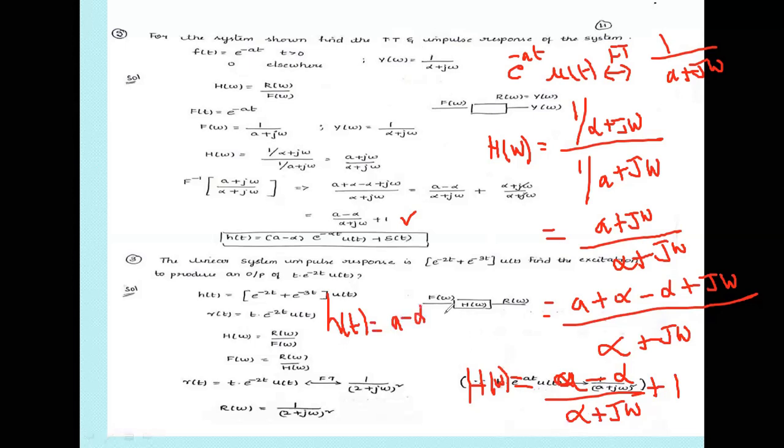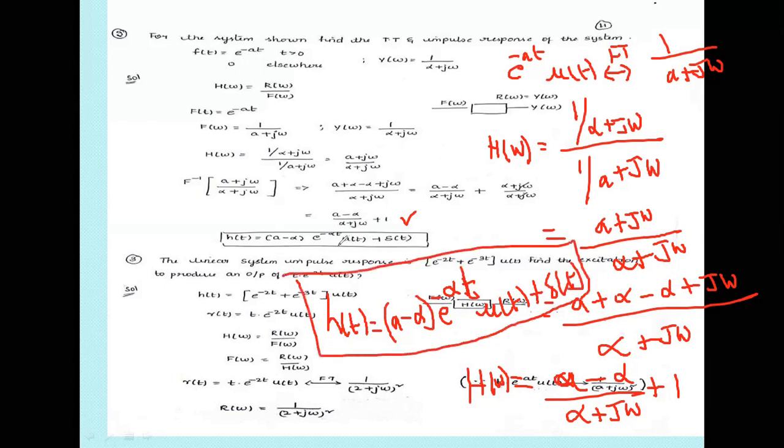So 1 by alpha plus j omega means e power minus alpha t mu of t, with the multiplication factor of a minus alpha, plus 1. What is 1? The inverse Fourier transformation is delta of t. So we got the impulse response h of t is equal to a minus alpha into e power minus alpha t mu of t plus delta of t.